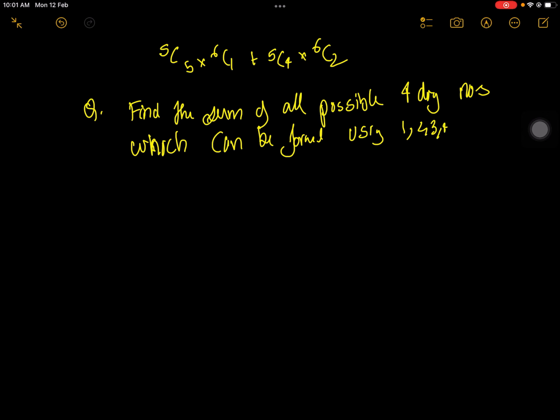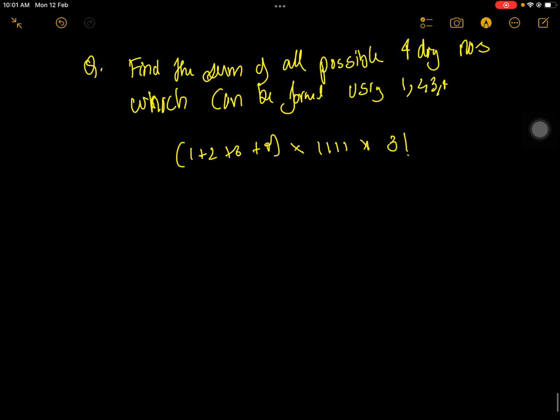So the trick is you add all these digits here: 1 plus 2 plus 3 plus 4. And how many numbers are here? 4. So into 1, 1, 1, 1 into n minus 1 factorial. So 3 factorial. That's the answer.